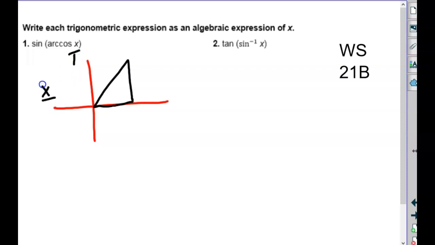If cosine is x over 1, this is adjacent and hypotenuse. So here is the x and here's the 1. What goes on this expression then? The hypotenuse.